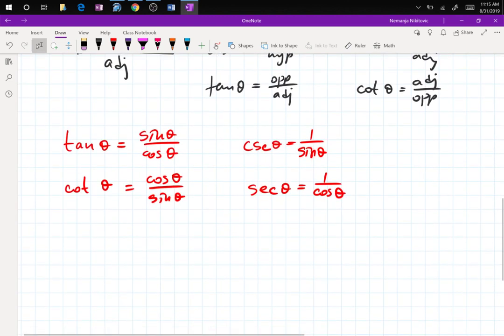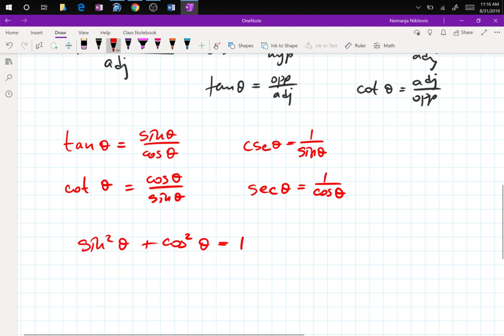Now, what are the identities that you need to know from trig to survive Calc 2? We're going to start with the Pythagorean identity, which has 9 forms. You just need to know one, and then that fans out into the other ones. Sine squared theta plus cosine squared theta is equal to 1. This is the boss equation.